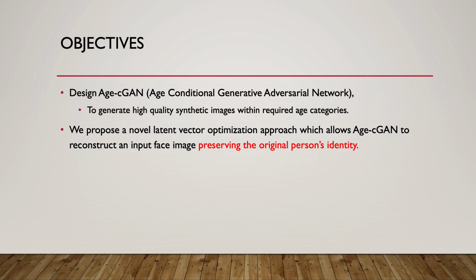So for instance, we generate the image for maybe how the person will look when between 20 to 30 years, between 30 to 40 years, 50 to 60 years, examples like that. Also, the other objective was that a novel latent vector optimization approach was proposed, which allows the c-GAN to reconstruct the input face image whilst preserving the original person's identity, which is very key to what the writer wanted to achieve.